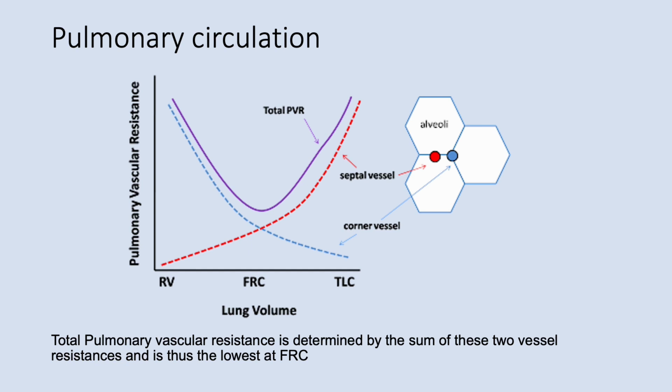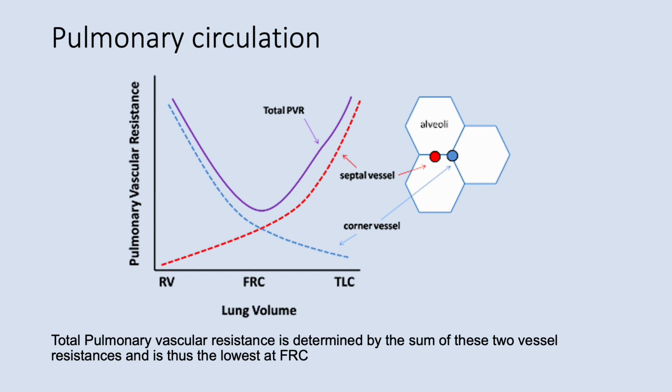So if you increase toward total lung capacity, or overextension of the lung, there will be an increase in pulmonary vascular resistance because of compression of the septal vessels. And when you have deep expiration and shrinking of the lung toward residual volume, then the corner vessels will be compromised, and this will result in increased pulmonary resistance.